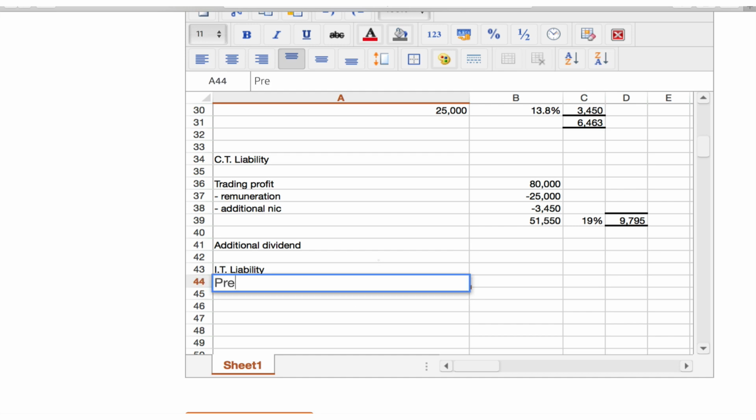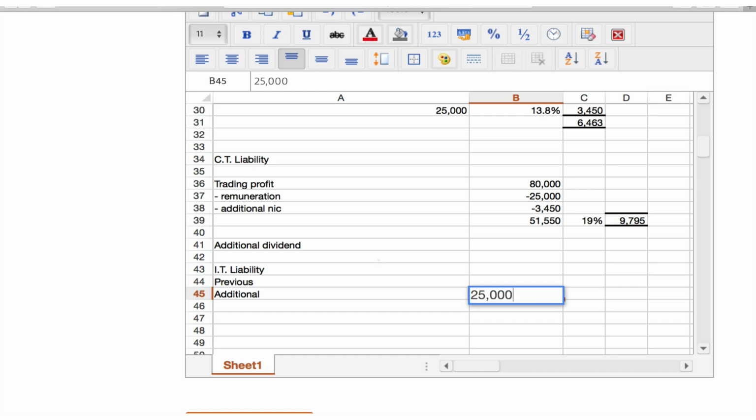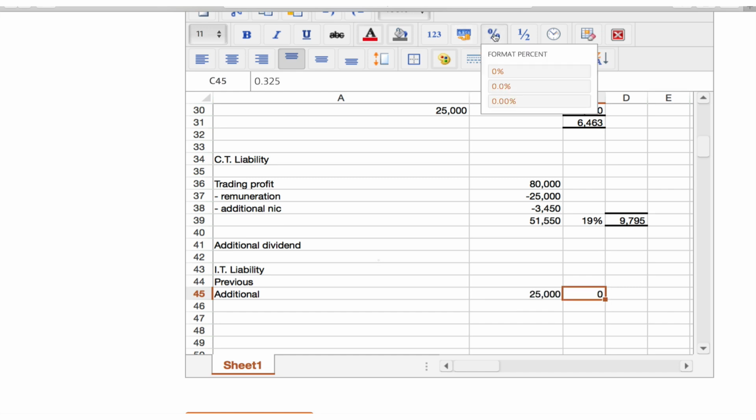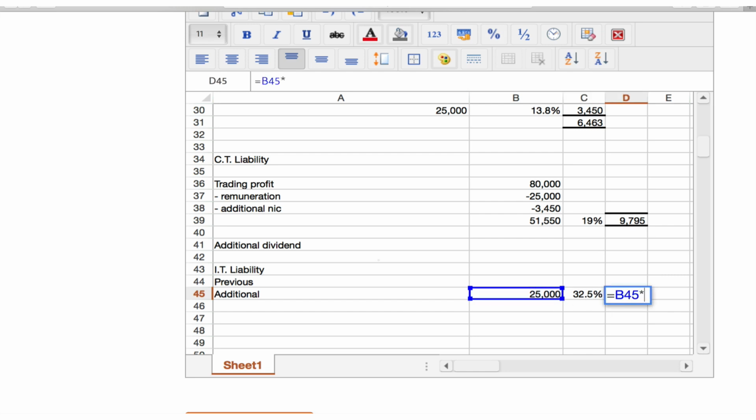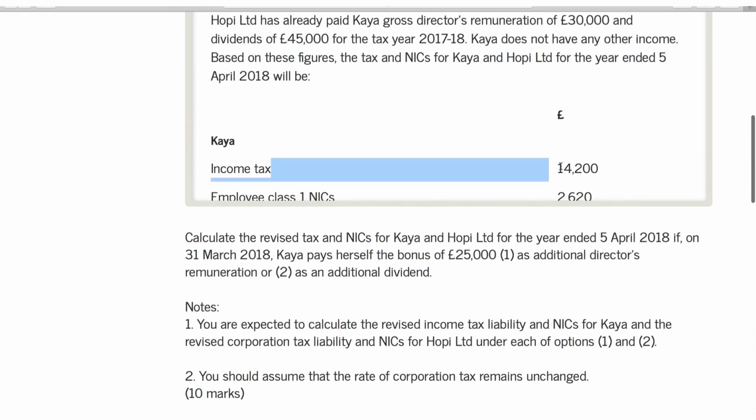So what we need is my previous liability, and then for the additional amount, we will have the 25,000, of course, taxed at the higher dividend rate. So it is going to be at 32.5%. It will be this multiplied by this. This is your additional, but we have to find the previous from the question. They told me my previous here is 14,200.